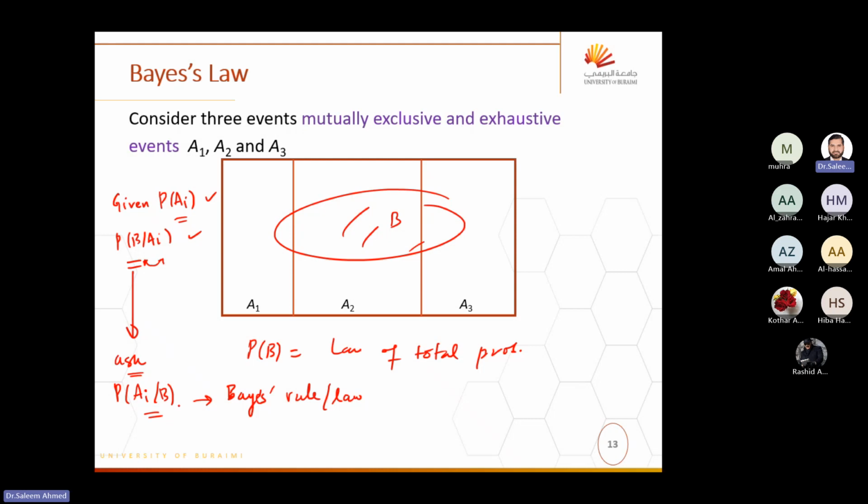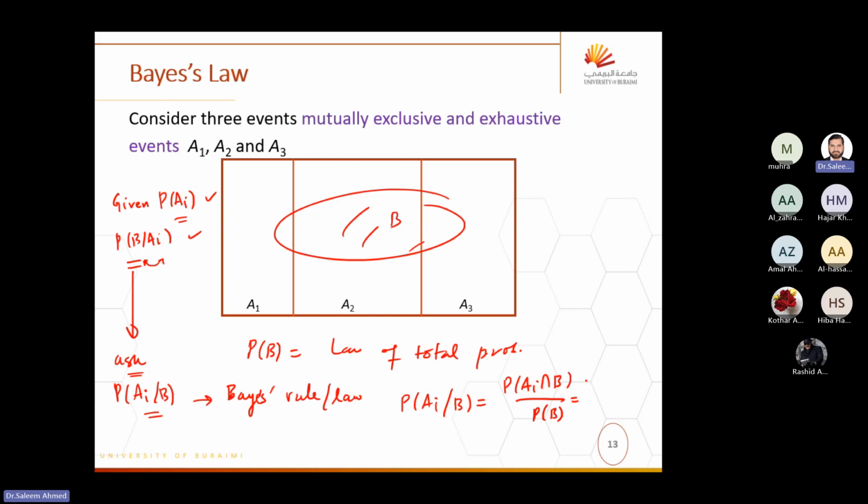So this is a new one now, and you know that if I write probability of Ai given B, it is probability of Ai and B divided by B, right?